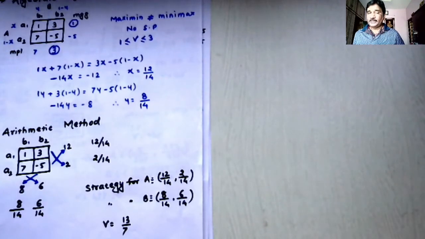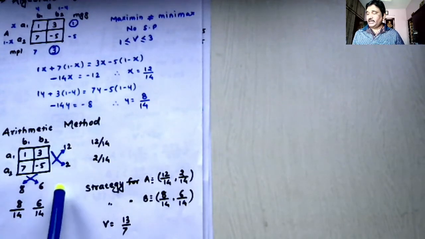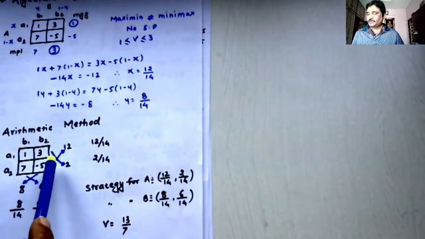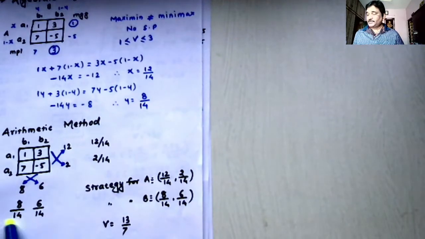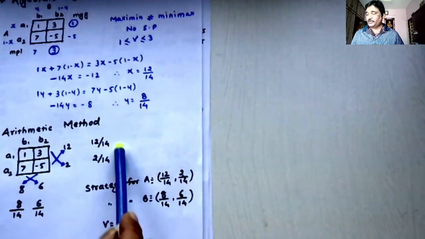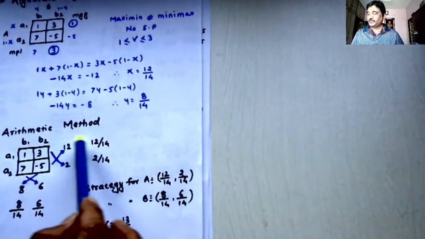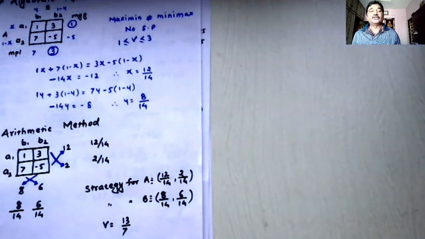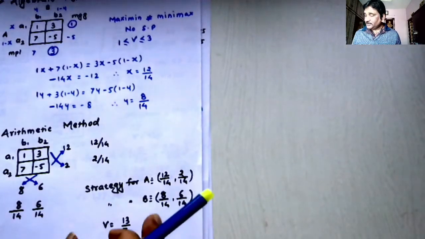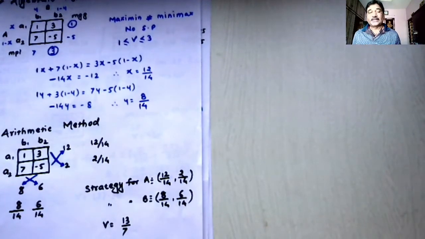It is simply finding the proportions such that the sum of the products of these proportions and these values, everything, will give you the same value, which is called the game value. In this proportion the courses of action will be used.